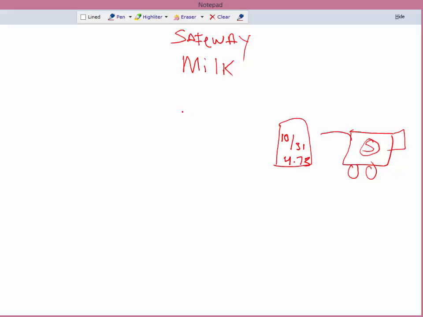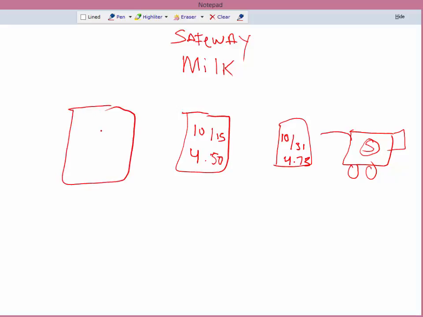Then they also got some milks on, say, 10-15, and that's $4.50. And then they also got some milks on 10-1, and that's $4.25, for those Safeway paid.